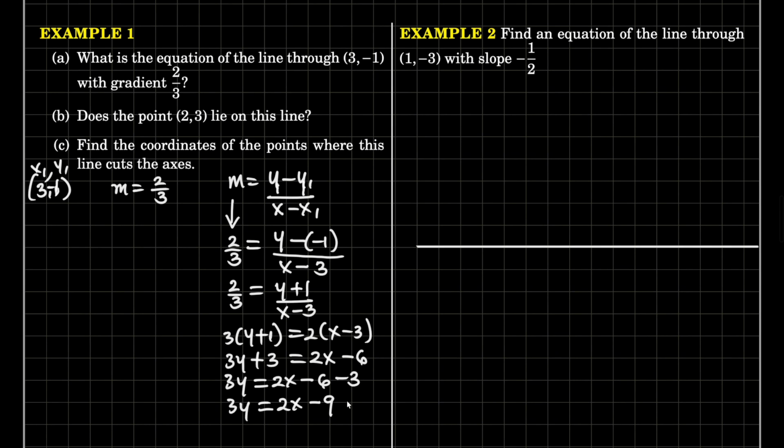It might not look similar. And I'll say there are certain things you can do, like taking your -9 to where you have your 3y. You know that when -9 moves here it becomes plus, that is why it is 3y plus 9 is equal to 2x.